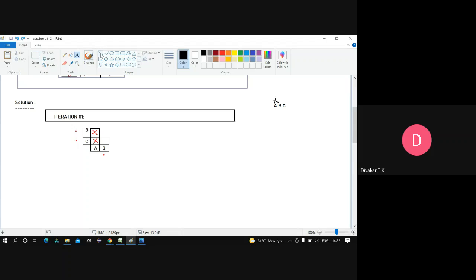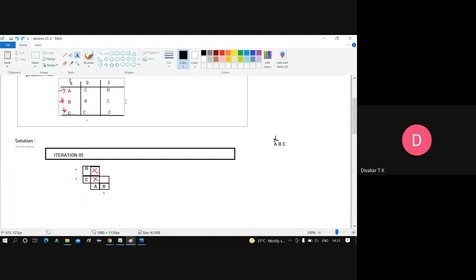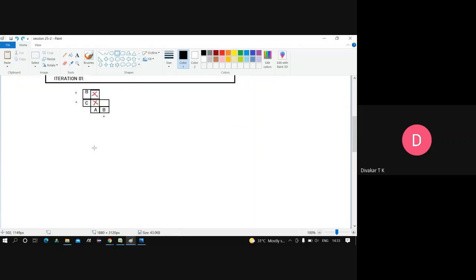I'll show you. I'll write the table now. We want 3 columns. Wherever you want, you can write it. Iteration number one, I have just written, and I'll try to write.